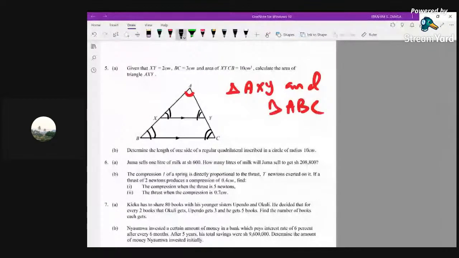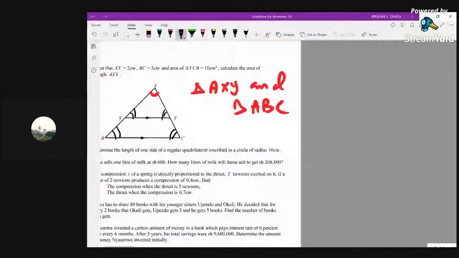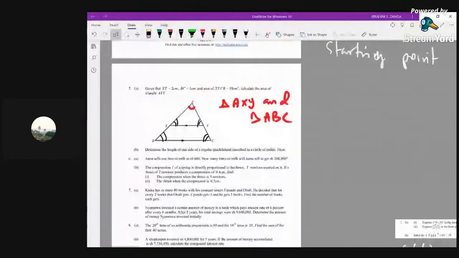So it's obvious that these two triangles AXY and ABC are similar. So if these triangles are similar, then the ratio of their corresponding sides are going to be equal, and the square of the ratio of the corresponding sides will be equal to the ratio of the areas.